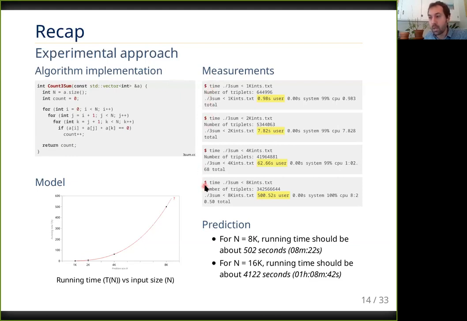That would allow us to plot those data points and extract a certain equation. Thanks to this equation, we'd finally be able to make predictions and characterize this algorithm and know how it would behave on other inputs for which we don't have measures. That was the idea of the experimental approach.